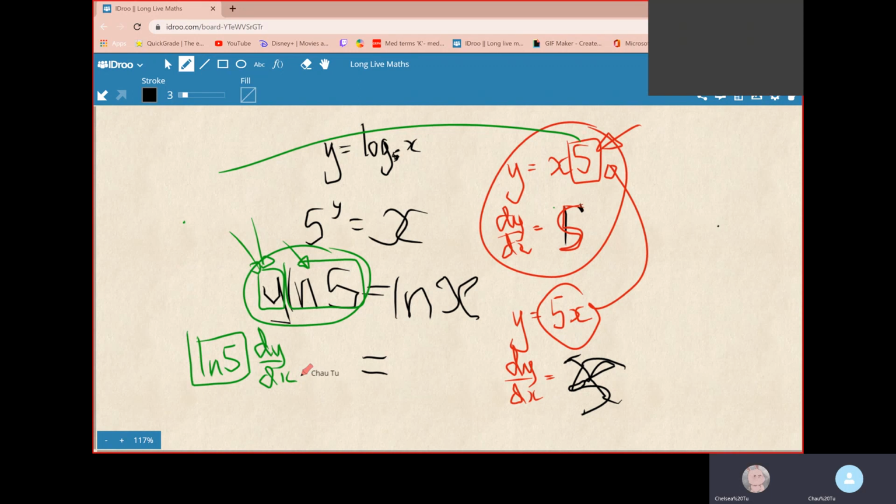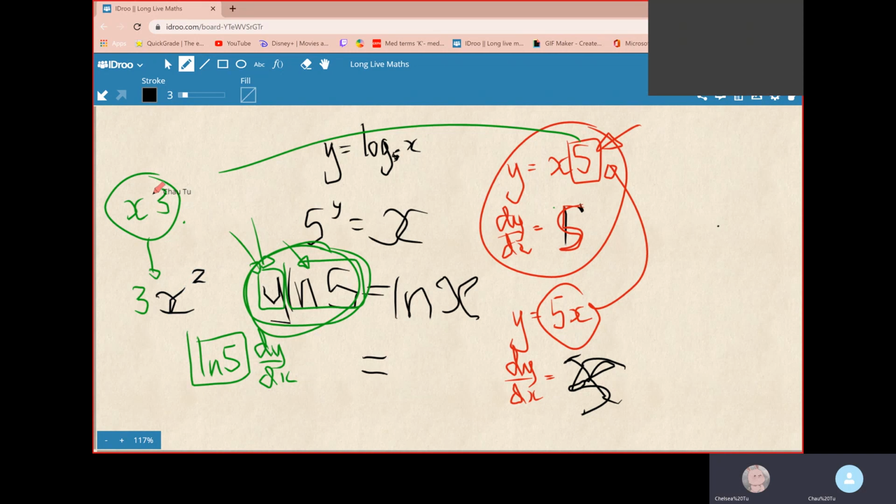It's like me asking you to differentiate 3x. When you differentiate it, it just becomes 3.